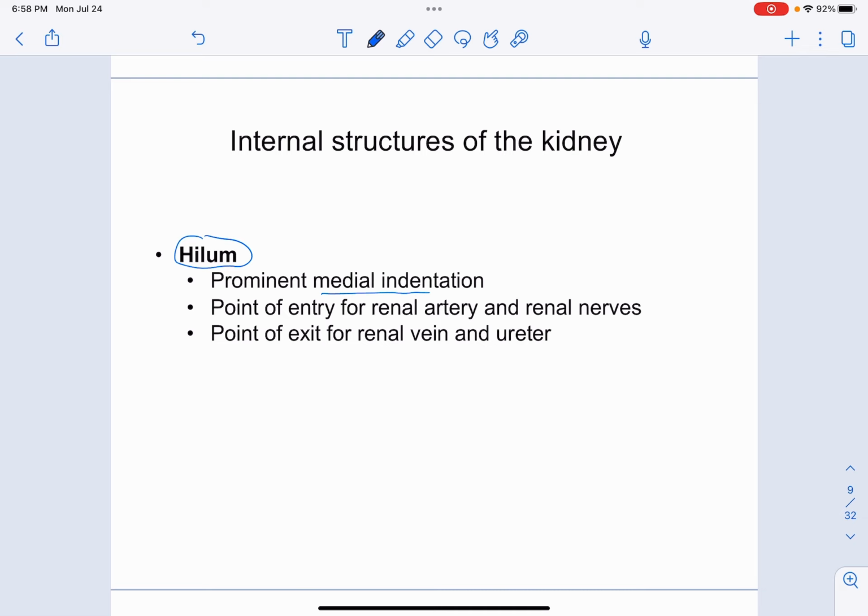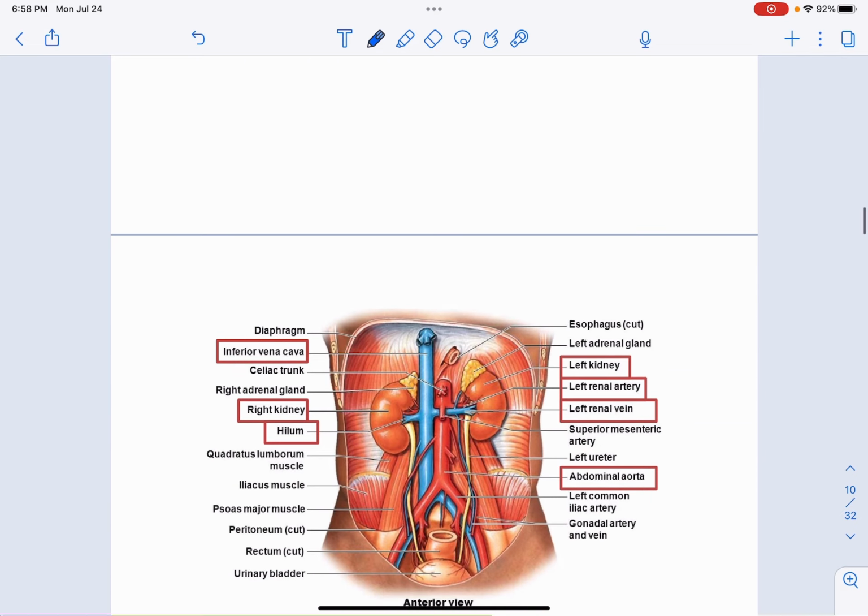And again, just like for the lungs, this is the point of entry for the renal artery. It's the exit region for the renal vein. And you'll also see some renal nerves, and the ureter is leaving that area. Okay, let me show you what the hilum looks like.